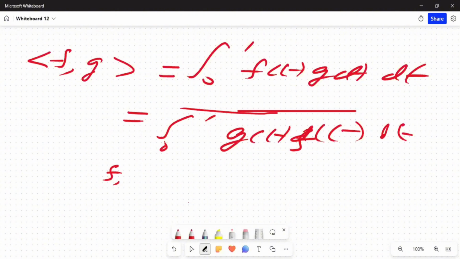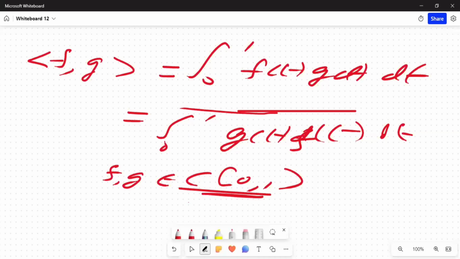Why? Because f and g are from C[0,1]. They are continuous functions defined on 0 and 1, so they are real valued functions. So the conjugate does not affect anything, unlike if they were complex valued.